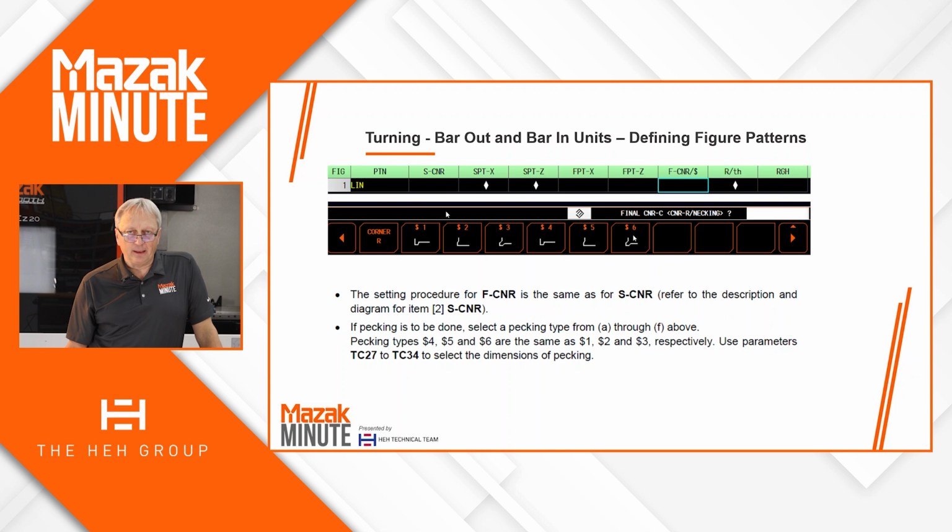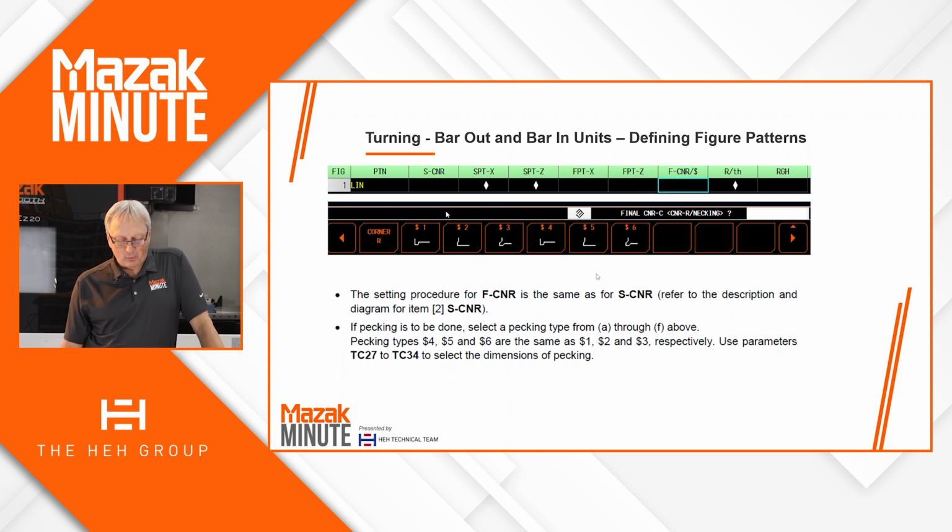The difference is that 1, 2, and 3 use the same 2 parameters, so I like to refer to those as my default undercut. And then 4 would be the custom one of number 1, 5 is the custom of 2, 6 is the custom of 3. The parameters are going to be identified in parameters TC27 through TC34.